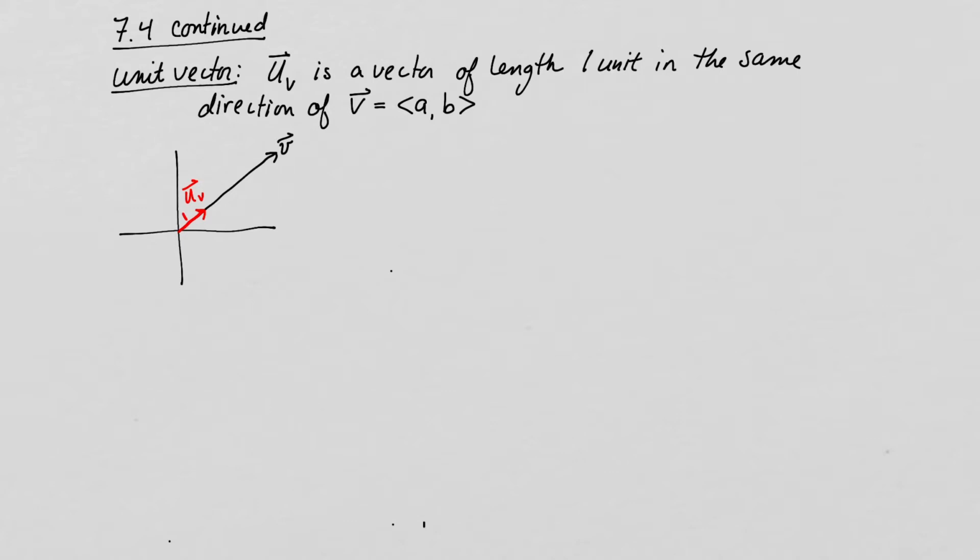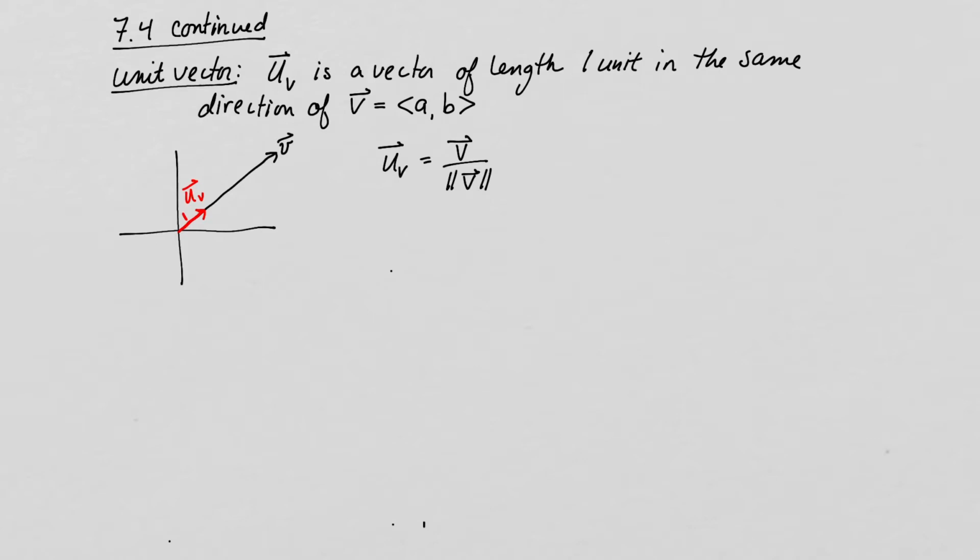So the way that we find this unit vector is u sub v is equal to the vector v divided by the length of the vector v. So basically we take the vector and we divide it by its length. Dividing it by its length turns it into a vector of length 1.